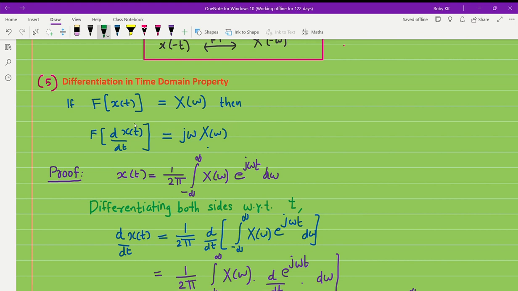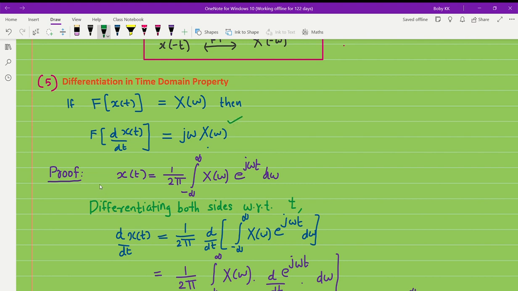So here we are considering the derivative of x of t, that is d by dt of x of t. When we take the Fourier transform, we will get j omega X of omega.